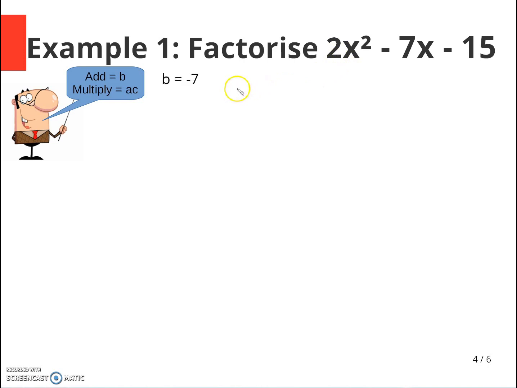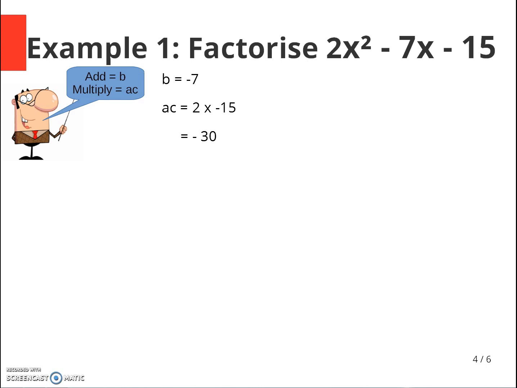Example 1, b equals negative 7, and a times c is 2 times negative 15, which gives you negative 30. Think for a moment, what two numbers add to give us negative 7, and multiply to produce negative 30? Pause the video and try to find out which two numbers we are talking about.